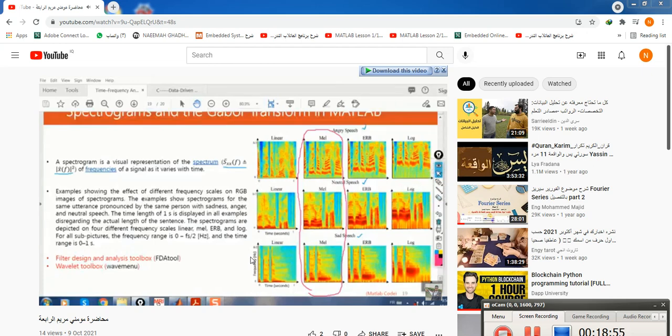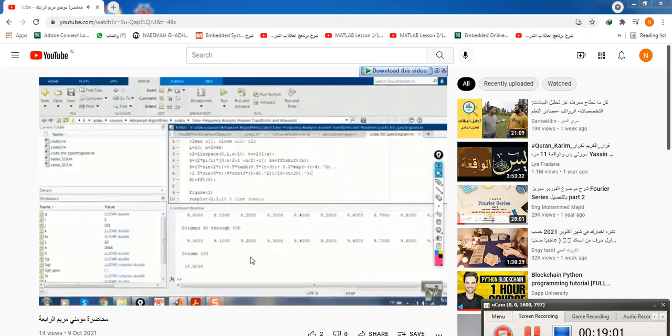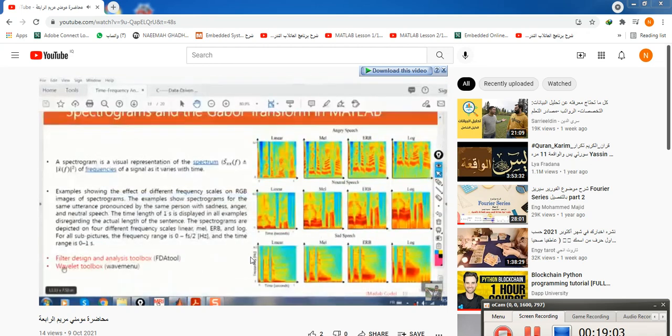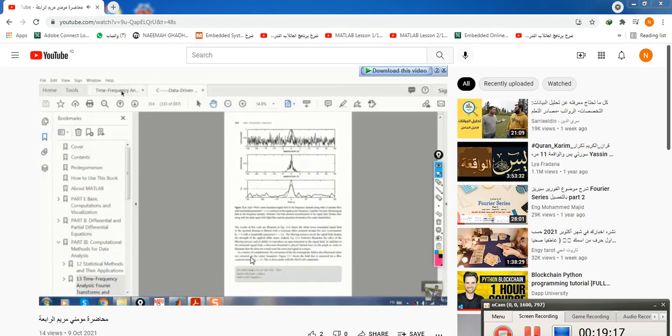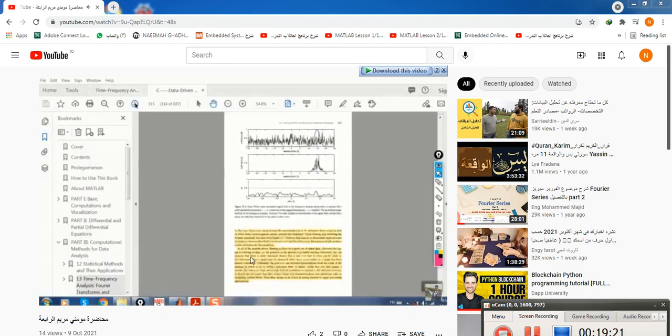And now, if we pay attention to MATLAB, wavelet and filter design are two toolboxes in MATLAB. The Filter Design and Analysis toolbox is FDA tool, and the wavelet toolbox is wavemenu. We can consider it here.